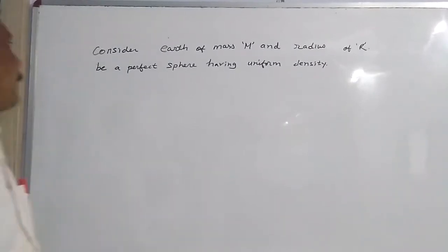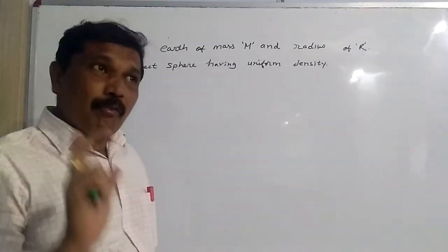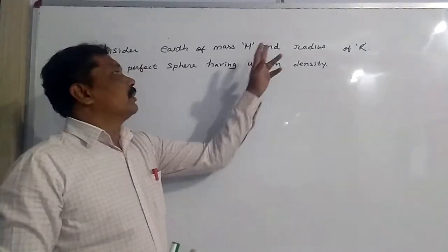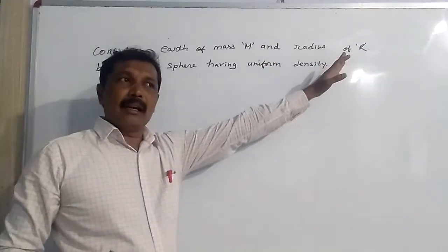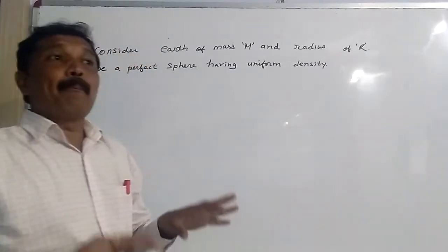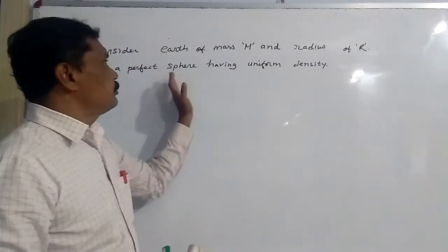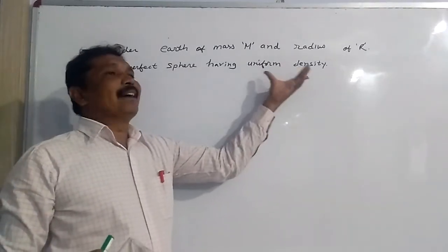Let's consider Earth of mass capital M and radius capital R be a perfect sphere, geometrical shape, perfect sphere having uniform density.